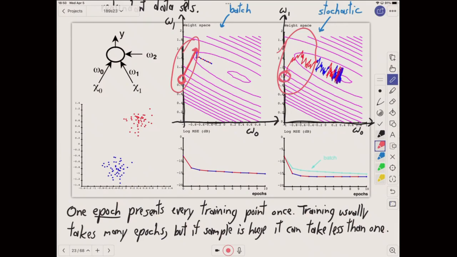Whereas when we do stochastic, the first few data points we look at get us to a place where the gradient is pointing in a different direction, that is more working towards the center of the minimum of the cost function than batch gradient descent was. So to some degree, it's catching better gradients as you go.